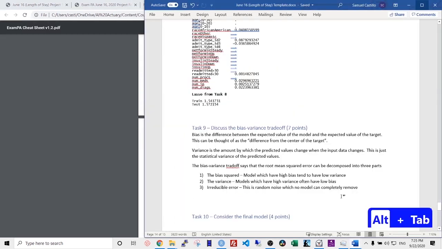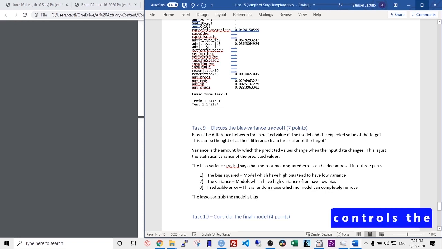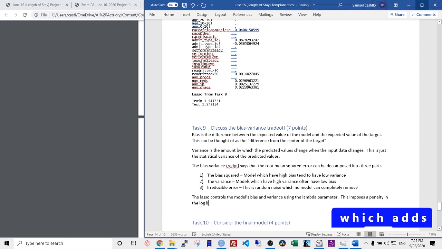So to put this all into words, I'll say the lasso controls the model bias and variance using the lambda parameter. This imposes a penalty on the log likelihood so that the model's coefficients are either removed or made smaller or larger.